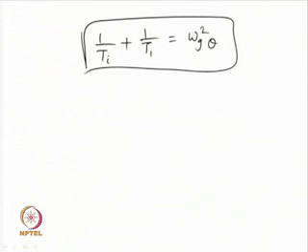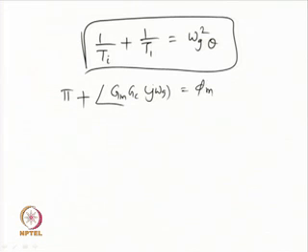Now, we will go back to the expression for the phase margin, which will give us pi plus angle of G_m G_c (j omega_g) is equal to phi_m. This is what we know, and we have found the expression as pi plus pi minus omega_g theta minus pi by 2.